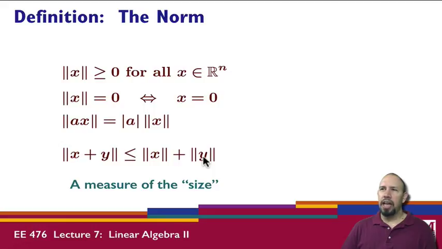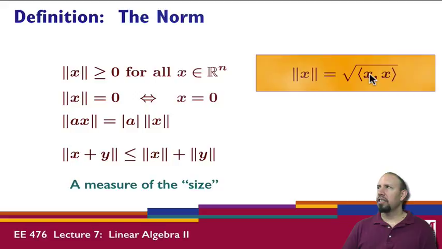Okay, so again, we can think of the norm as the measure of size, and for vectors, this is a definition we can use for the norm. It's the square root of the inner product of x with itself. So we know the inner product of x with itself satisfies these two properties, but it does not satisfy this property.